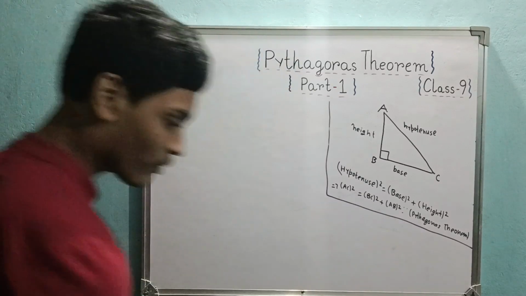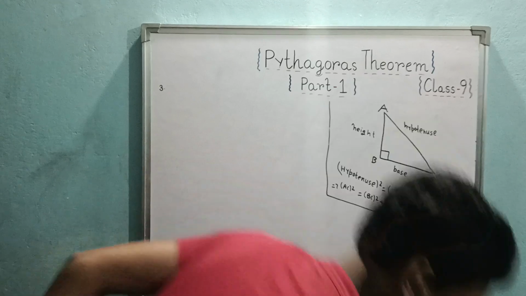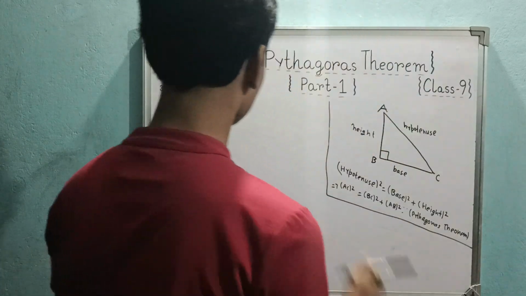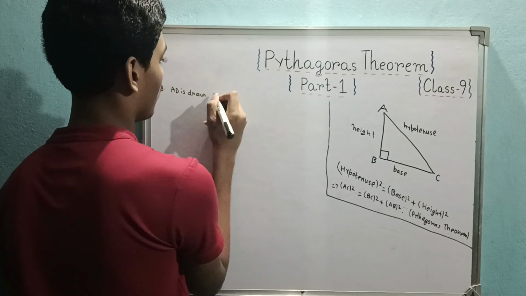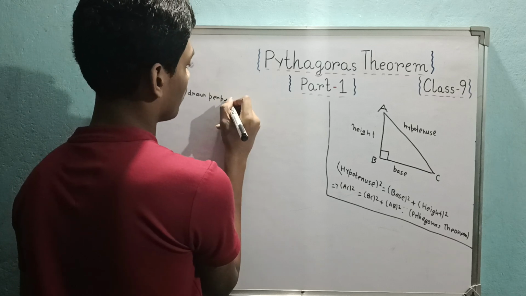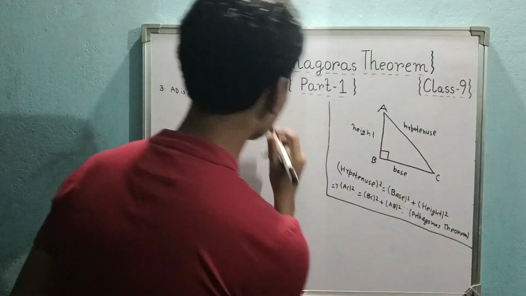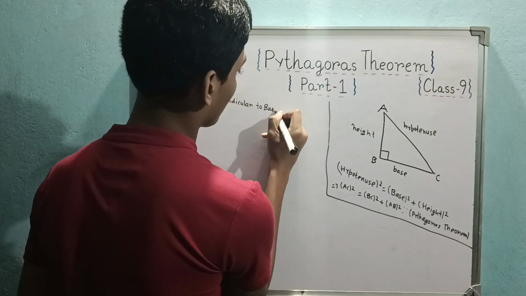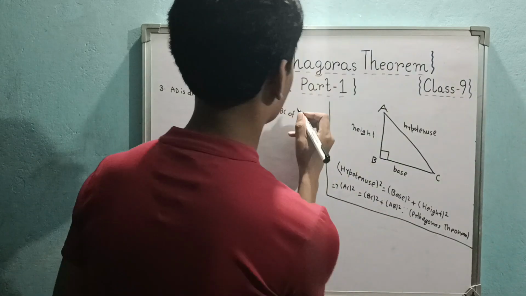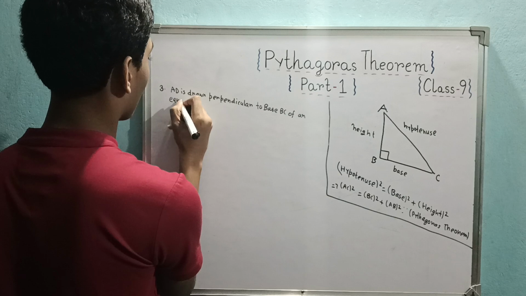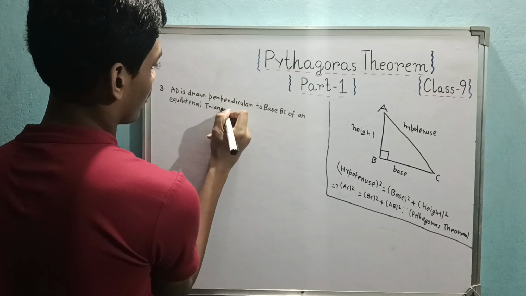Let's see. So question 3 now. AD is drawn perpendicular to base BC of an equilateral triangle ABC.